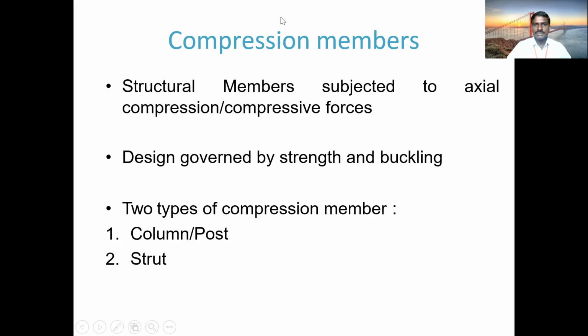So if you see, this is the tension member. If we apply the tensile load, then it will elongate. It will elongate. It means we are talking about yielding. If the same member is there and we apply compressive load, what will happen?